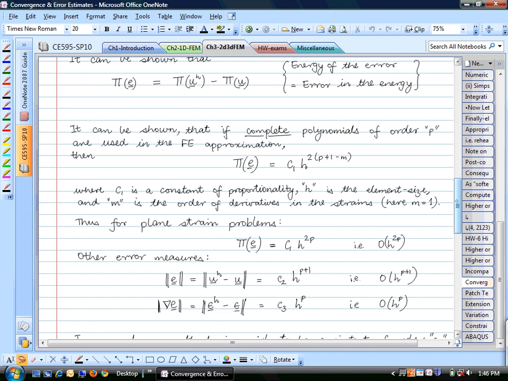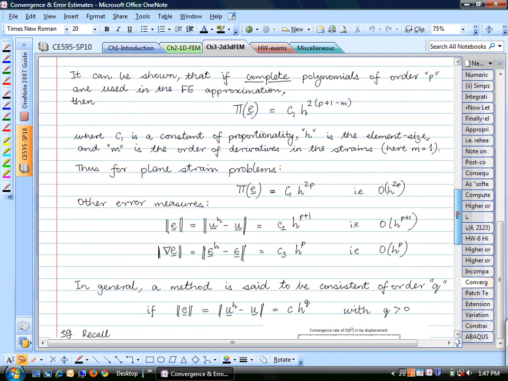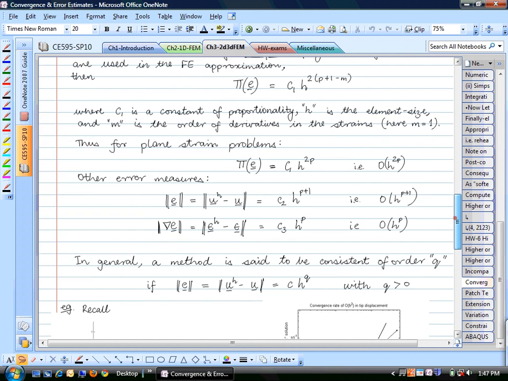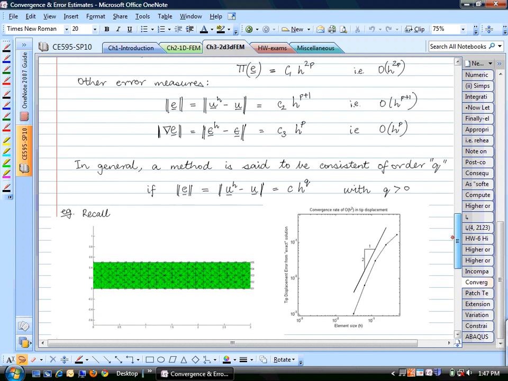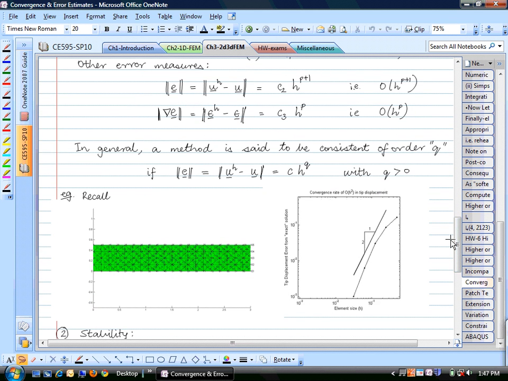So these are things that you can actually plot from the homework 5 and homework 6 problems that you did and verify. In general, what will happen is that if you have some sort of an error, it will be proportional to C times h to the power q, in which case if q is greater than 0, we say that this method is convergent, that it has accuracy with order q.